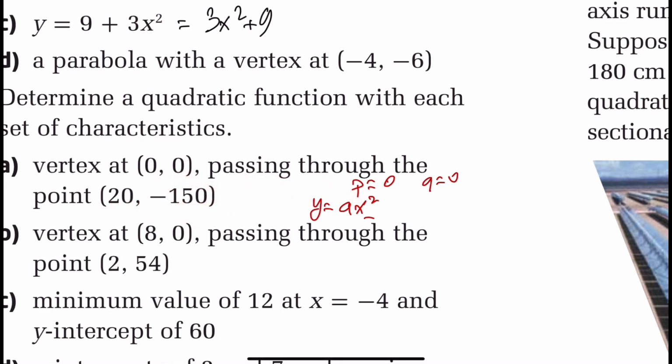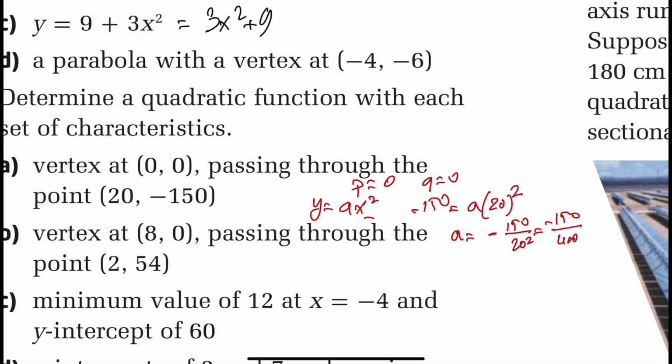Okay, I will just write this as minus 150, which is my y, is equal to a times my x, which is 20 squared. And this tells me that a is equal to minus 150 over 20 squared, which is minus 150 over 400.